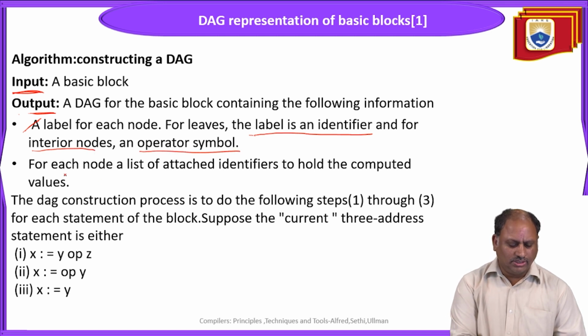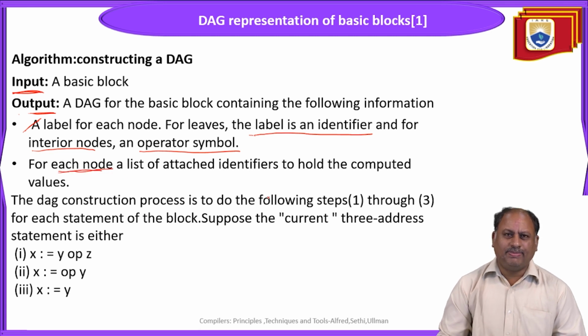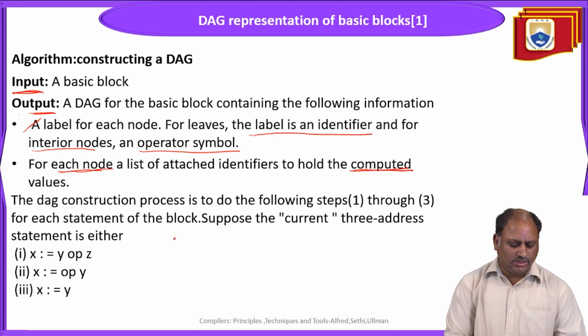Each node is attached with some identifiers, and the identifiers hold some set of values, which means computations may take place each time. These are the main important steps used in the construction of the DAG representation.